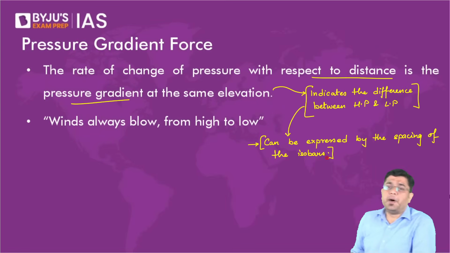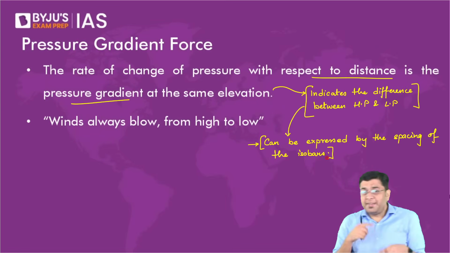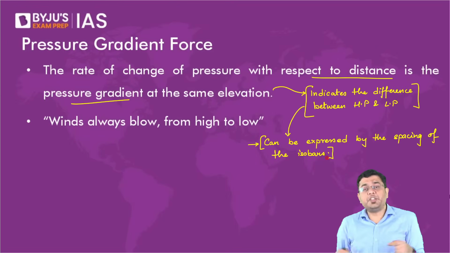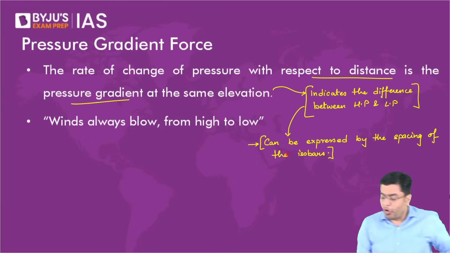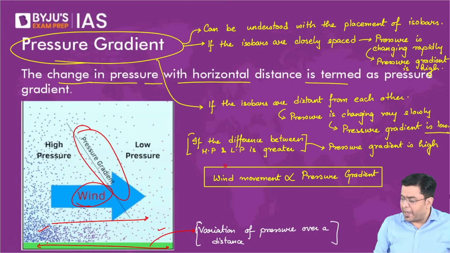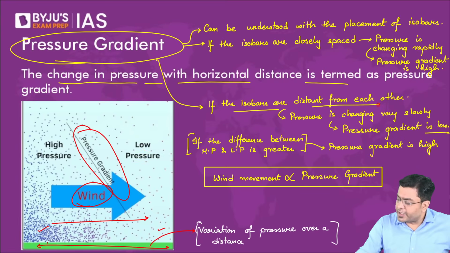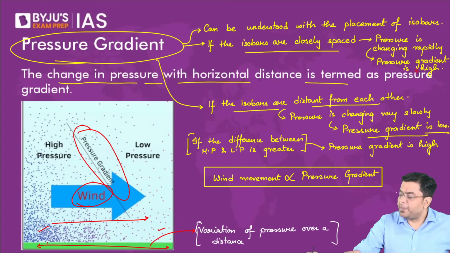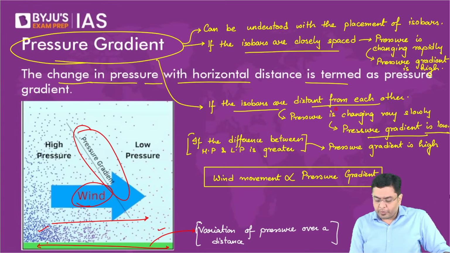If the isobars are closely placed, that means the change of pressure is very high. If the isobars are wide spaced or are distant from each other, that means the pressure gradient, or the change of pressure, is low. So that brings us to the earlier conclusion that we had drawn above: if the isobars are distant from each other, the pressure gradient is low. If the isobars are closely placed, the pressure gradient is always going to be high.